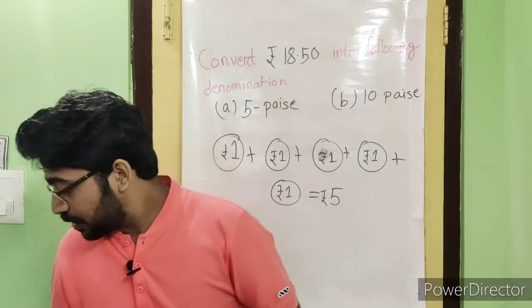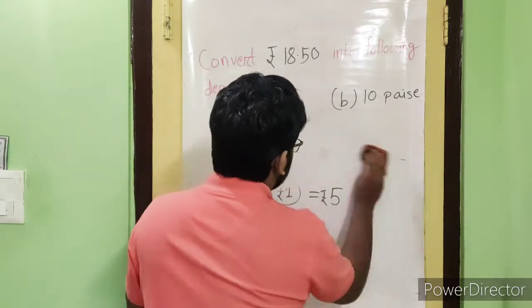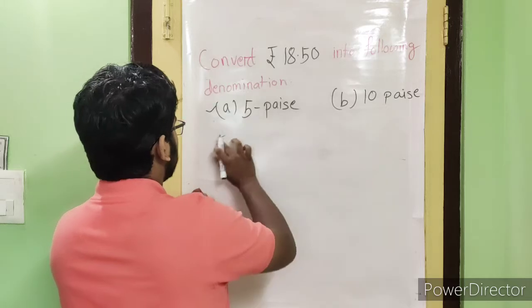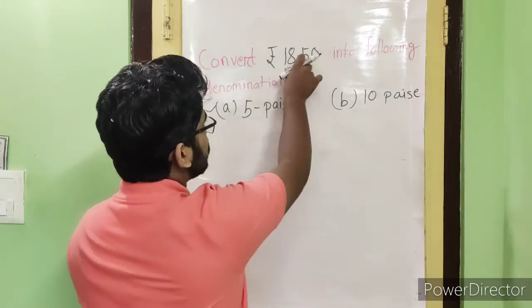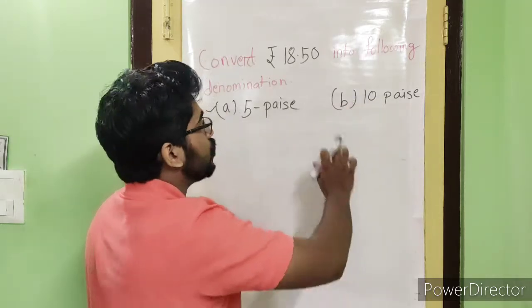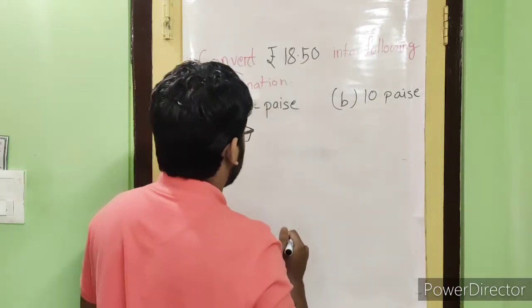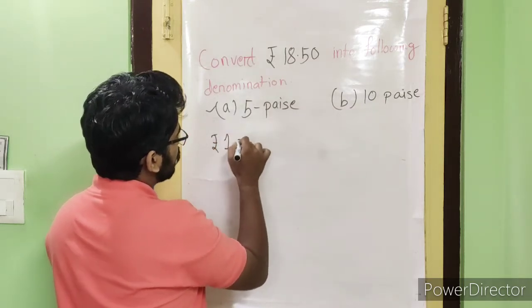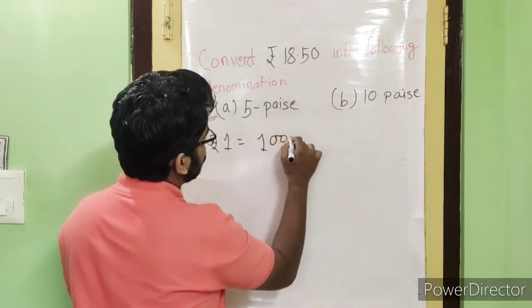So we will not delay, we will start. At first we are targeting 5 paise. The amount is in rupees and these are in paise, so we need to convert it at first. We all know that rupees 1 equals 100 paise.